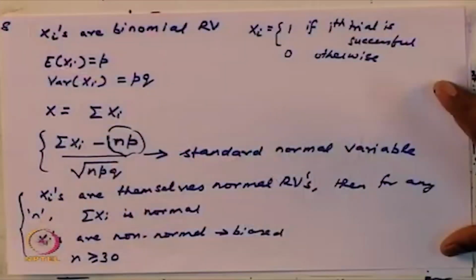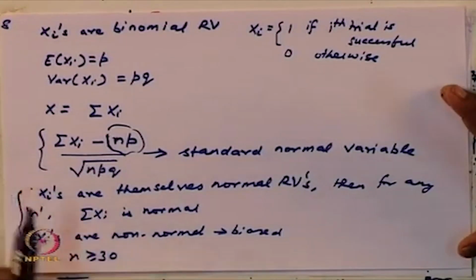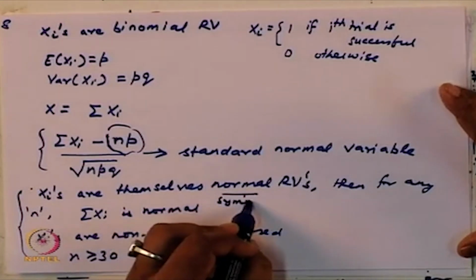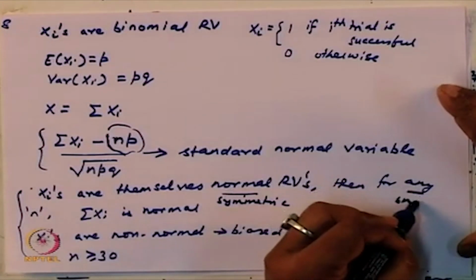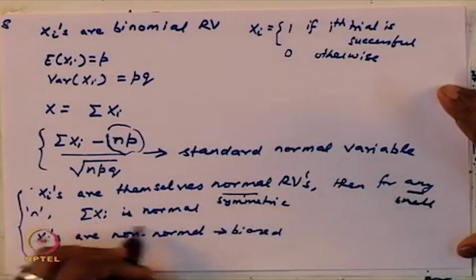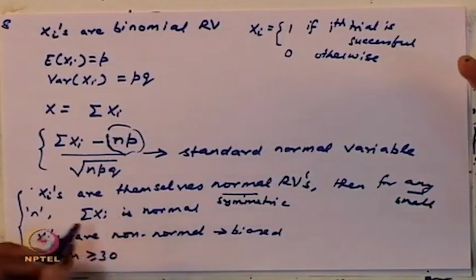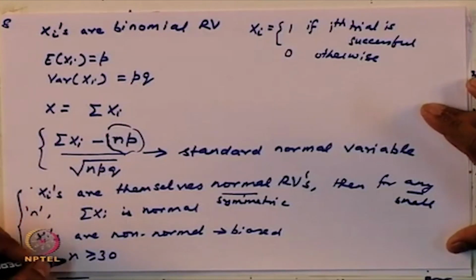And depending on the type of distributions, if your underlying xi's are themselves normal random variables or even symmetric, then for small values of n, 2 or 3, you will have summation xi or summation xi by n follow normal distribution. But if xi's are non-normal in nature, particularly if they are asymmetric, then you need n greater or equal to 30.